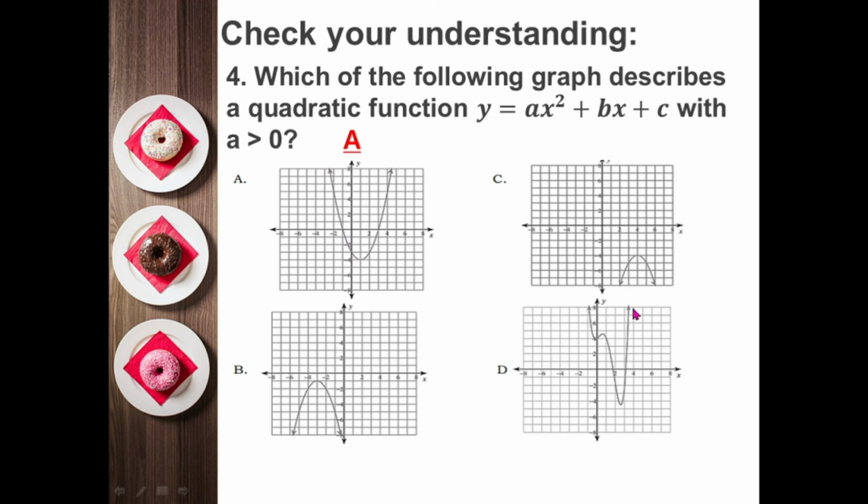We cannot consider letter D as a graph of the quadratic function because we have this figure. This figure isn't a parabola. It is a curve, but it is not a parabola. The second and third graphs, letter B and letter C, represent a quadratic function wherein our a is less than 0.